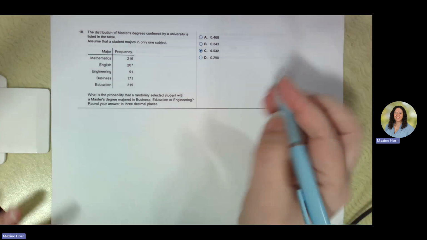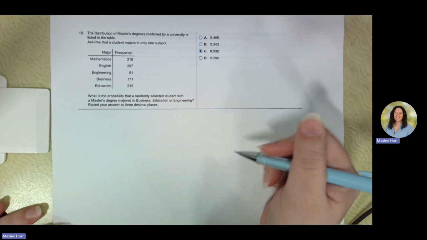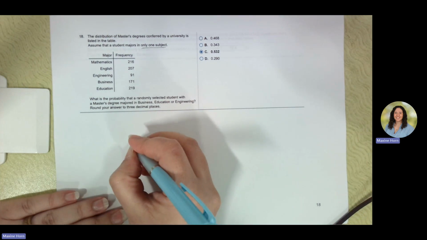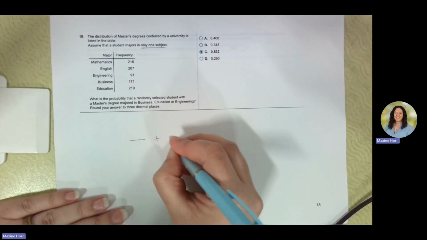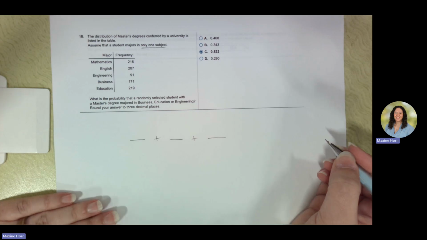So again, with this "or," we're going to add the probabilities of each and then subtract where they might overlap, but they're saying there is no overlap. People are only majoring in one subject. So we're going to do a fraction for business, a fraction for education, and a fraction for engineering.